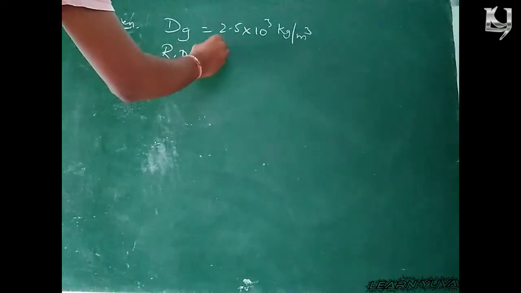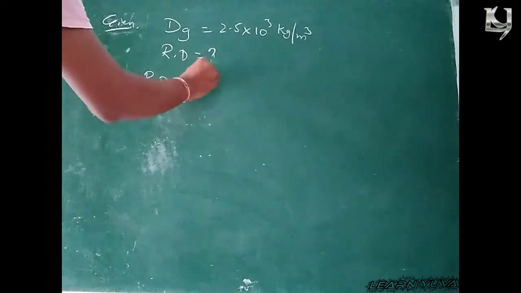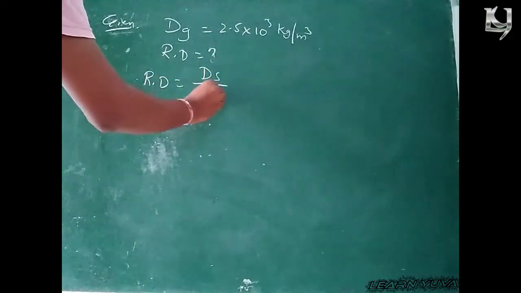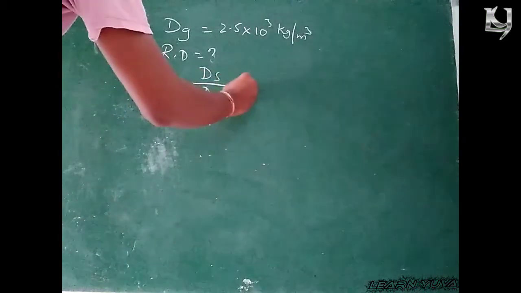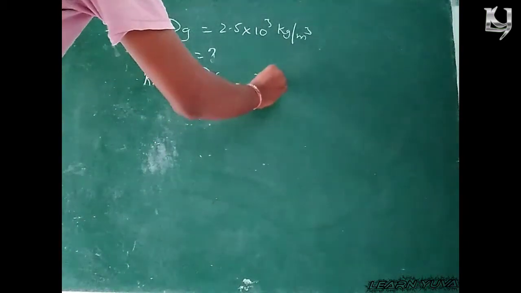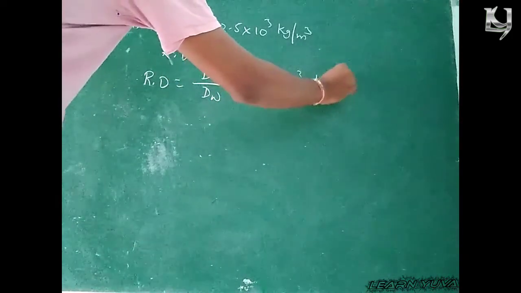Relative density is equal to how much? So relative density formula, relative density is equal to density of substance by density of water. So density of substance is 2.5 into 10 power 3 kg by meter cube.